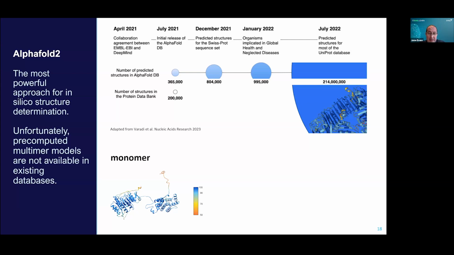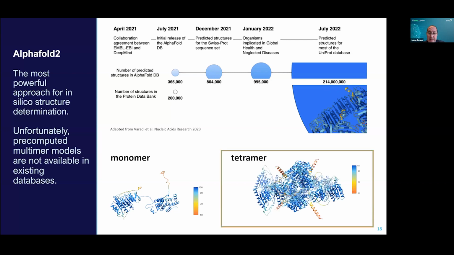In addition, the publicly available repositories only include the pre-computed monomer models, not multimers, and they also don't provide direct accessibility to AlphaFill models, which allow you to actually identify potential ligand binding and other things. And so these are areas where EMSL does come into play. We have full workflows for AlphaFold 2 and other bioinformatic pipelines.